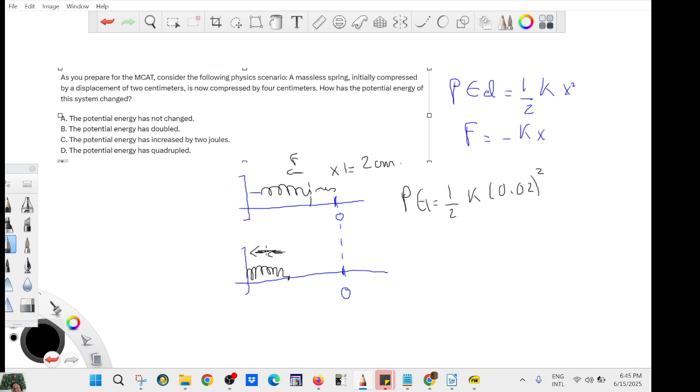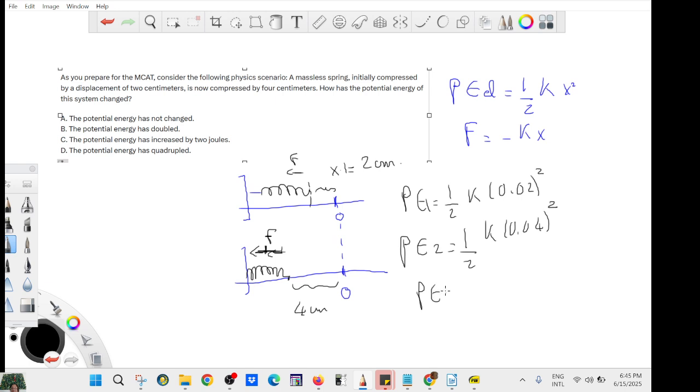So you need twice the force, because the restoring force here is proportional to the displacement, and that will be 4 centimeters. So you see there is a square somewhere. That's why the answer is not doubled. So 1/2 k times 0.04 squared, right?